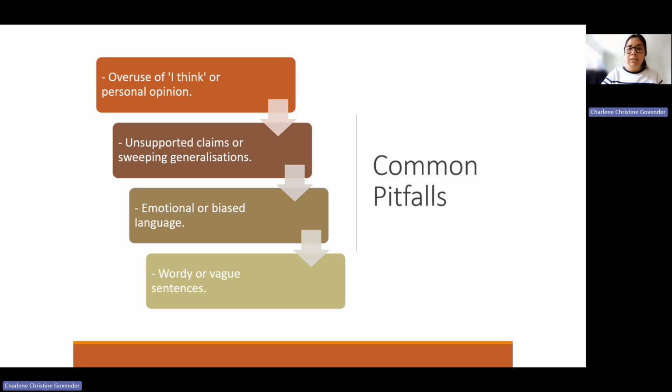Now, another pitfall that exists is unsupported claims or sweeping generalizations. Now, this can come as something that you may not even be aware of because you wrote a paragraph, let's say you're focusing on AI in university, you're talking about the holistic view of AI, and you add in a reference at the beginning of your paragraph, and then you just keep going with what you have read.